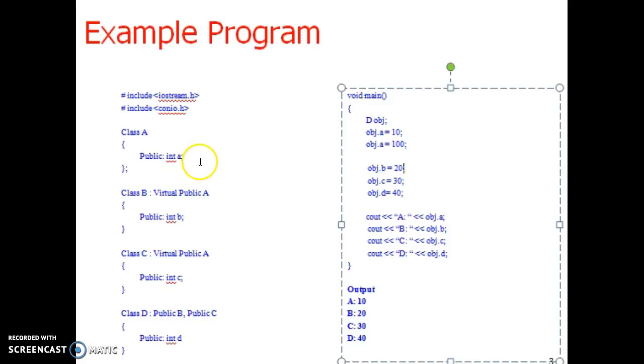That is, the copy received from class A is received by D through two different paths, and that's why both the copies are the same. So the compiler can access any one of the copies and the problem will be solved. This is how the ambiguity problem in multipath inheritance is solved.